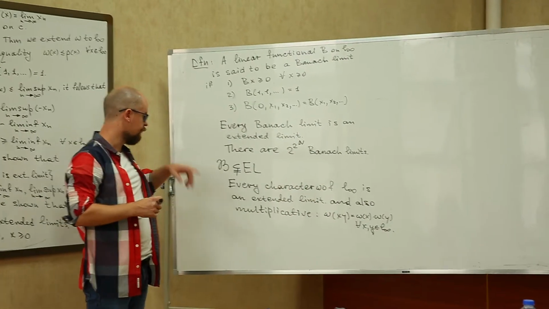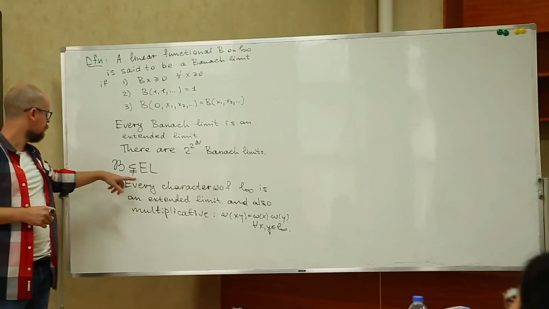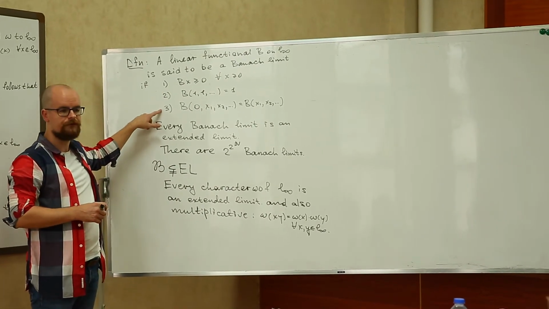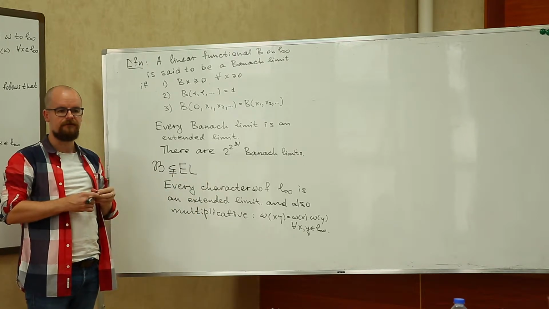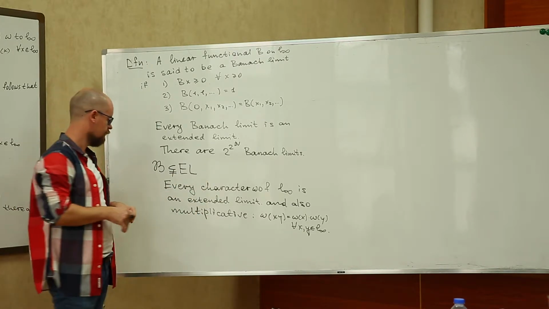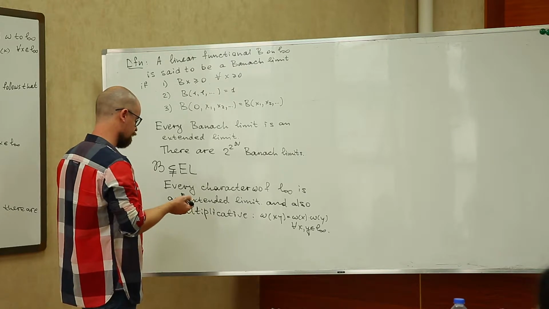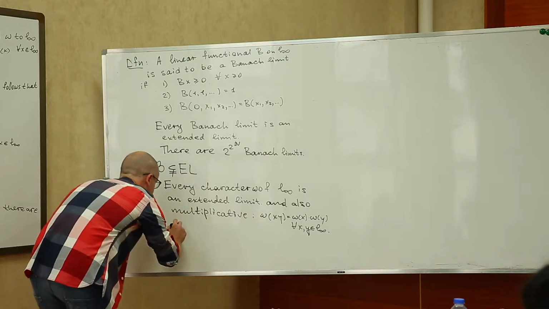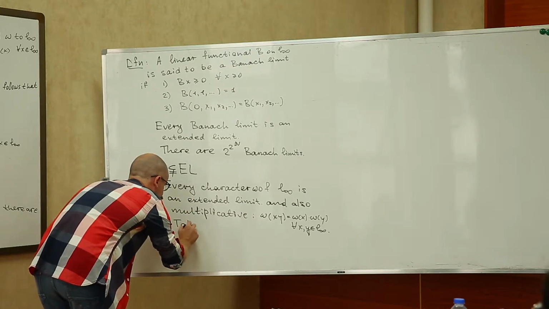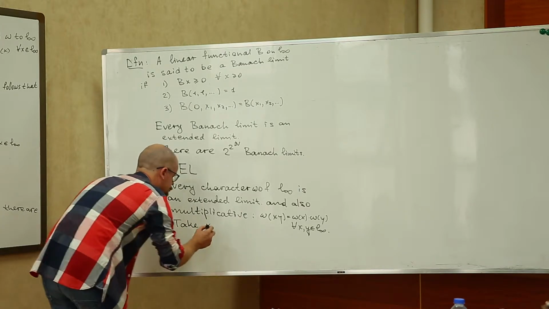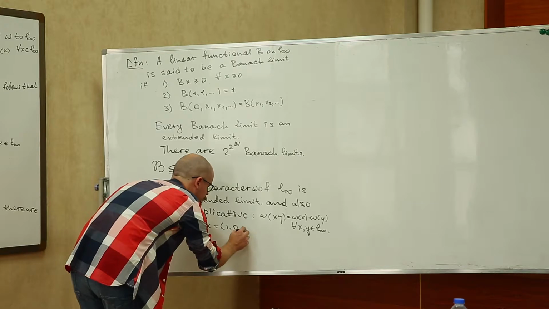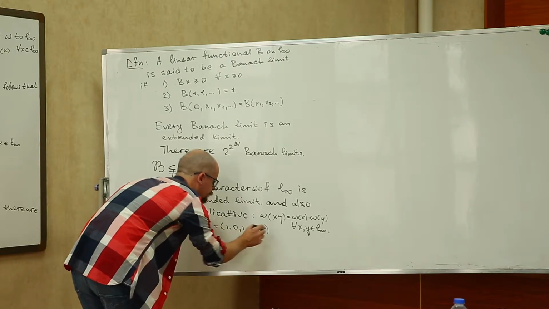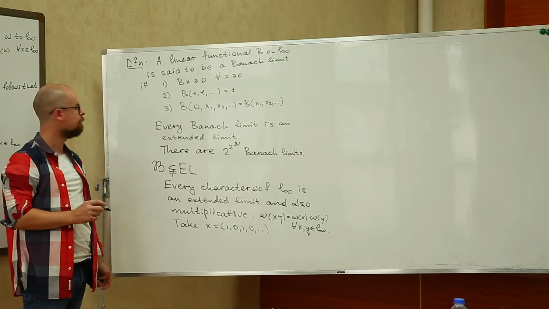And now I will show that the property of shift invariance and the property of multiplicativity are disjoint. So let's take x to be 1, 0, 1, 0, and so on, a periodic sequence.